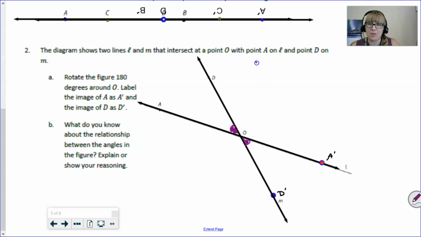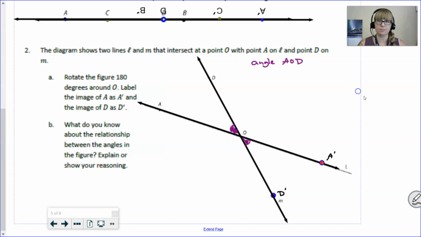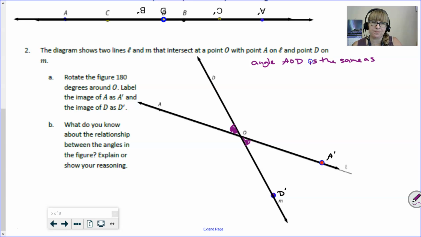So I'm going to write that down, and I'm going to say angle AOD is the same as angle A prime O D prime. Now mathematicians are lazy, so I am going to use some mathematical shorthand. I'm going to write the exact same thing, but using shorthand. Is the same as, we're going to represent with this symbol here.